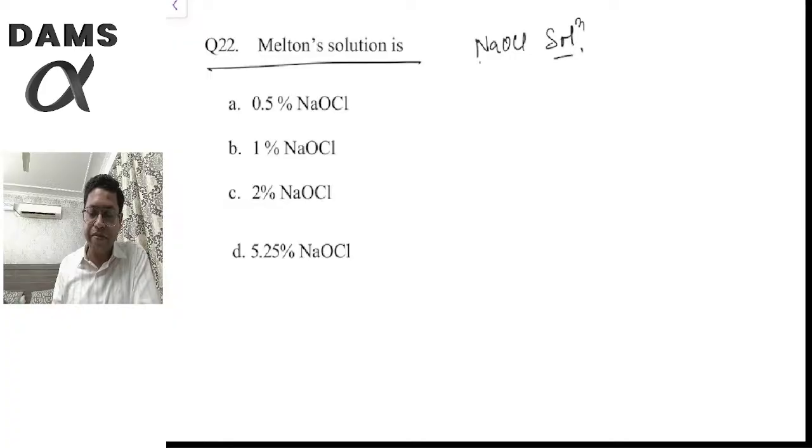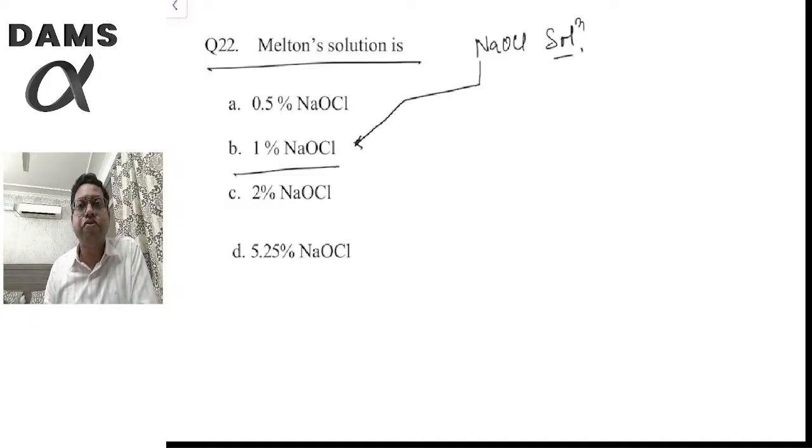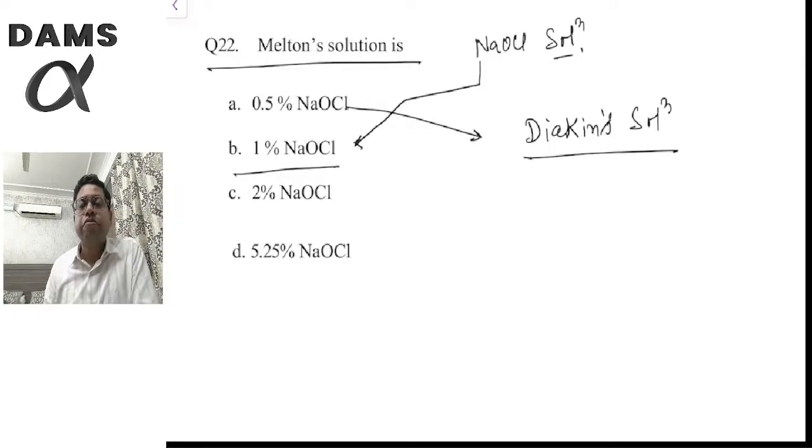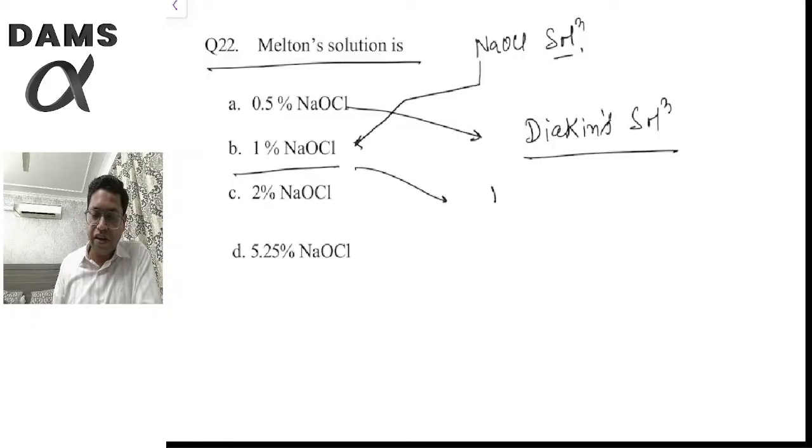And you have to remember that 1% sodium hypochlorite is Melton's solution. 0.5% sodium hypochlorite is Aitken's solution. So the answer would be option B.